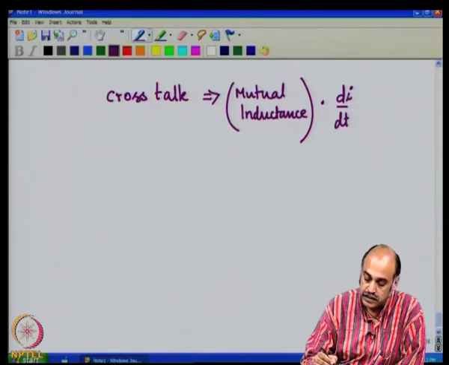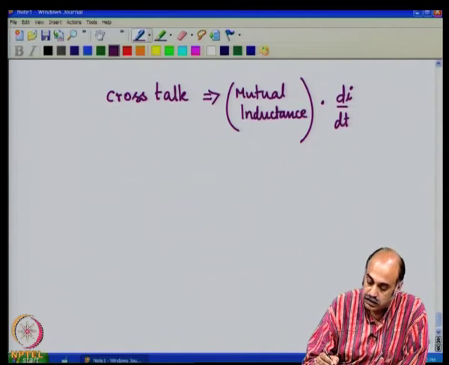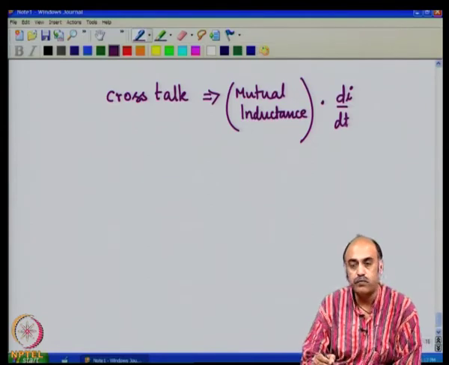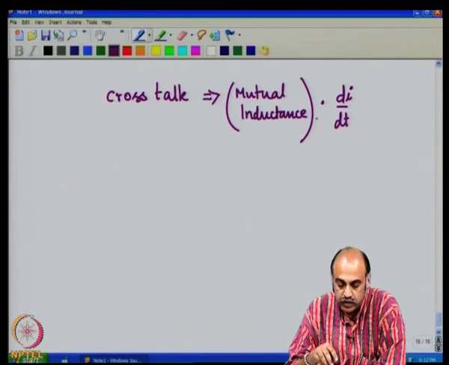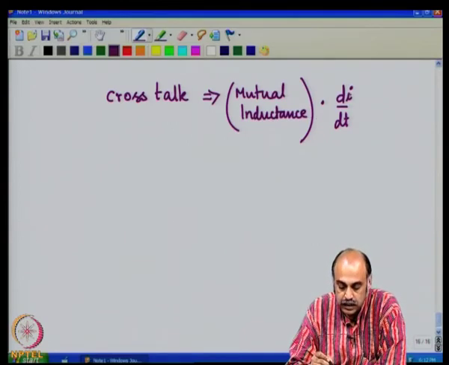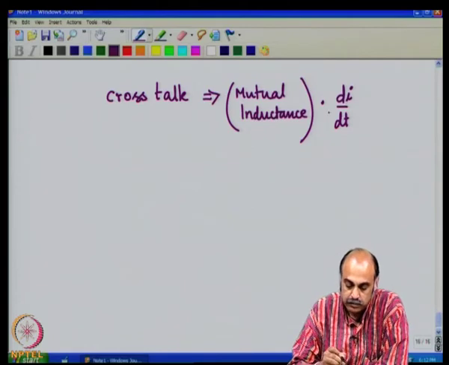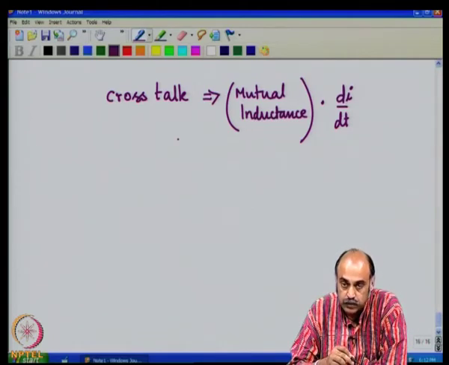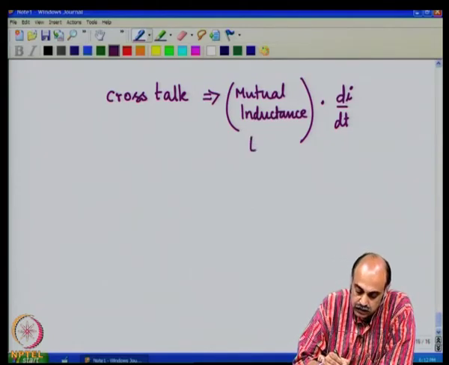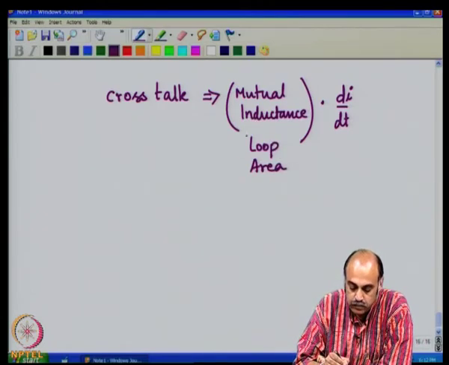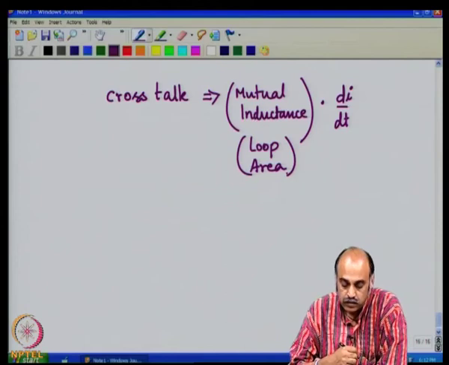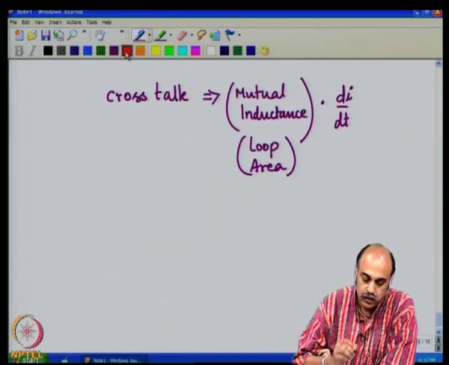So, the rise time of the currents is a major culprit. If you are talking of very slow signals, then crosstalk is not an issue, but when you talk of fast rise time signals, then this can be pretty high, coupled with the mutual inductances of the loops. This is directly related to the loop area. So, these two together can cause crosstalk.